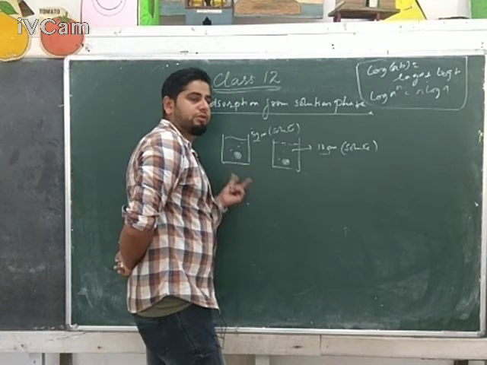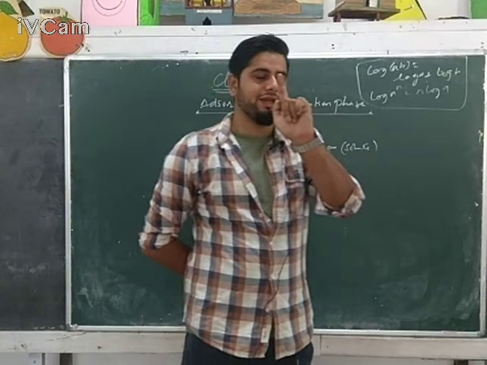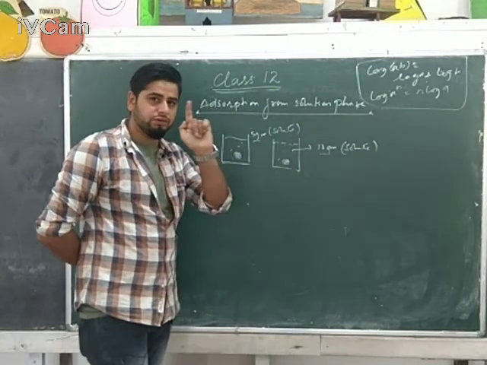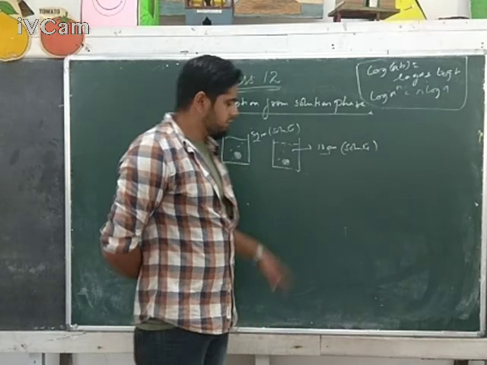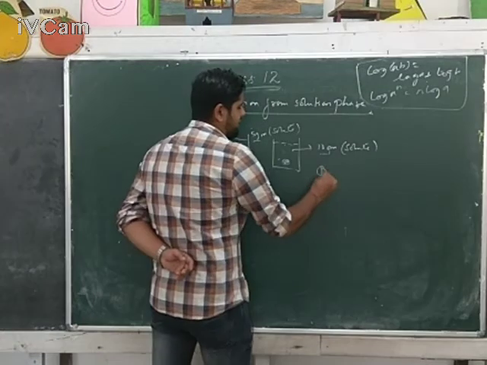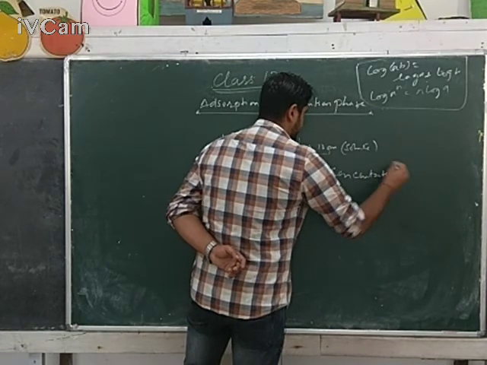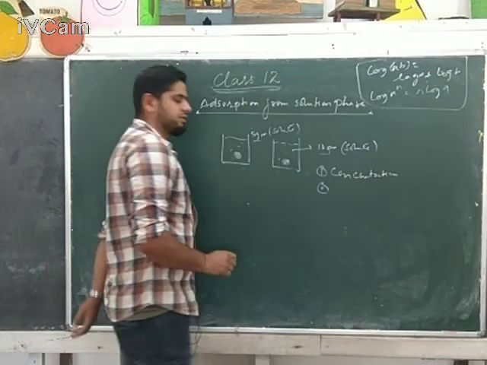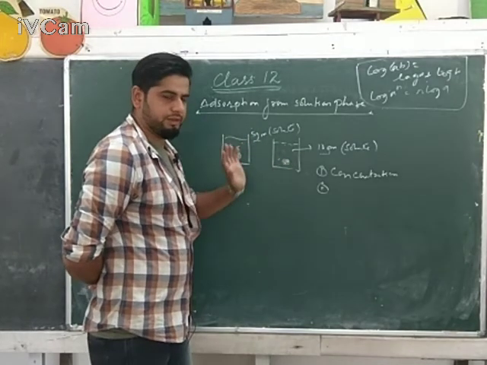Yes or no? So adsorption from solution phase strictly depends on which factor? Concentration factor. Got it? The most important is the concentration factor. Other factors are there. Number one, concentration. Number two, as always, nature of the adsorbate and adsorbent.